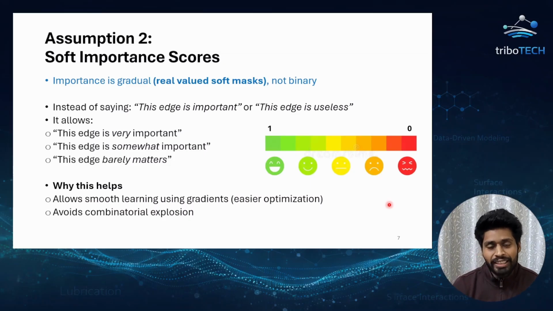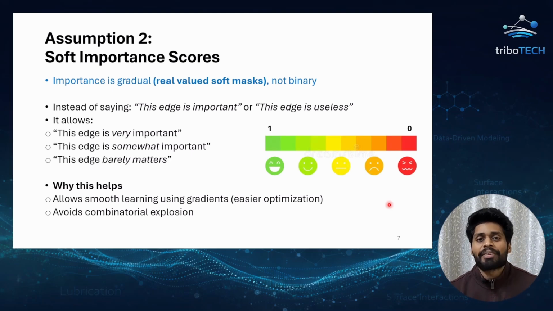So the edge is basically 0.7 times important. Now, what does that mean structurally? It means nothing, right? While the soft importance scores are mathematically meaningful, they are semantically meaningless. An edge can either be present or absent in a graph.